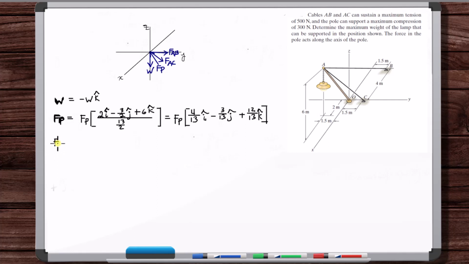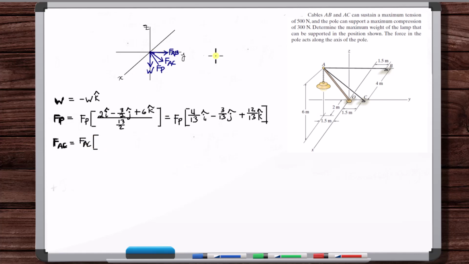Now let's do the force in AC. So we're going to bold this because this is the force vector, and the non-bolded is the magnitude of the force.